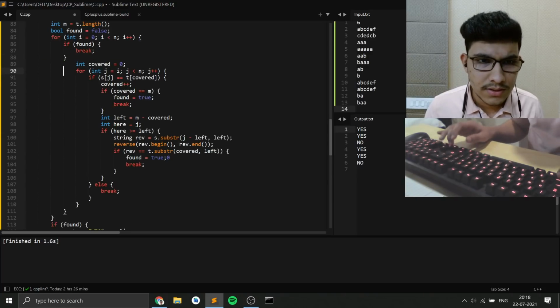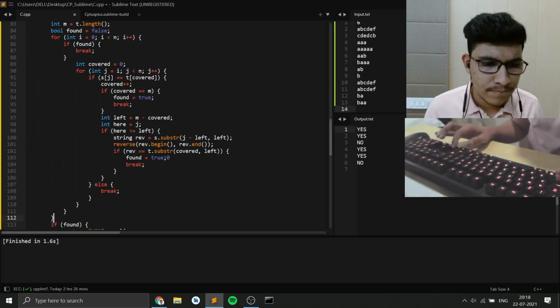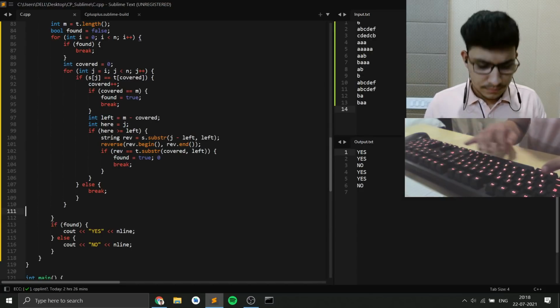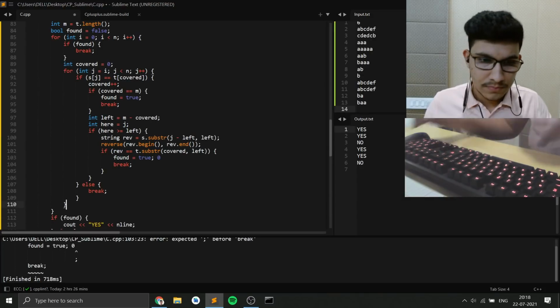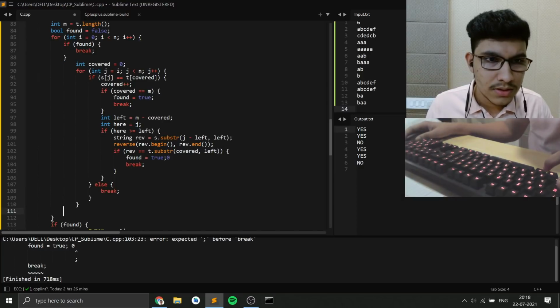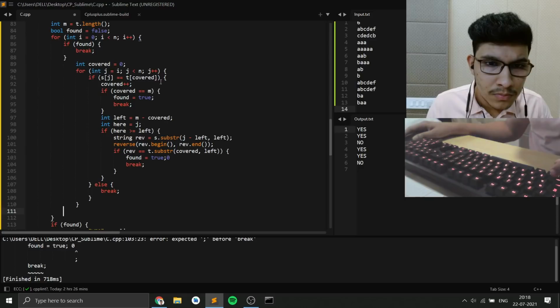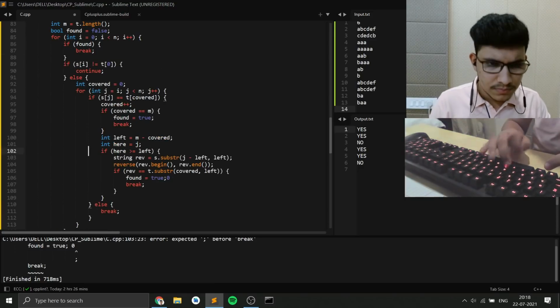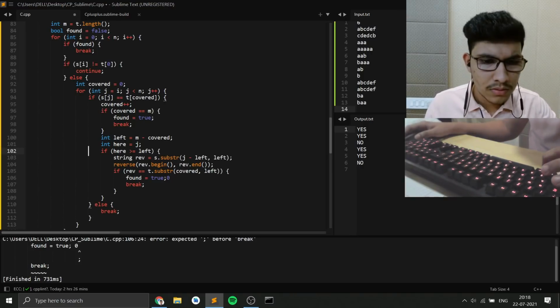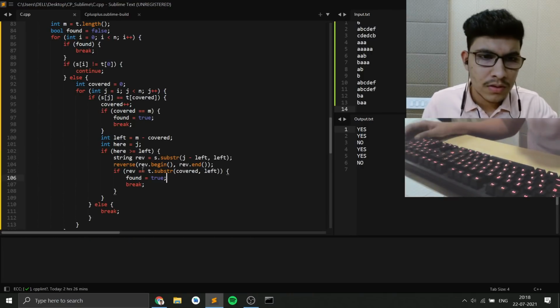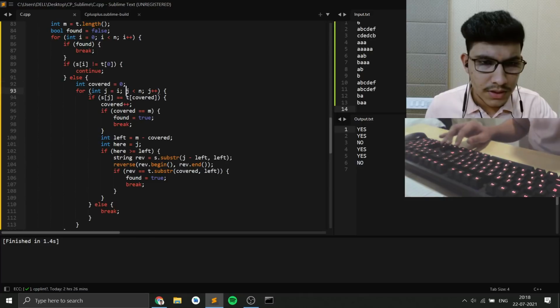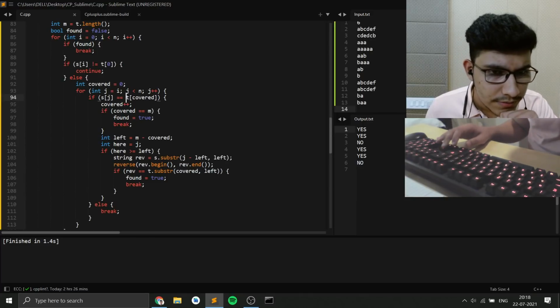This is like the very first line. So we don't need this here actually. Okay, there is some other issue now. Let's just keep it. So int covered equals 0. If s at j equals t at covered, then I do covered plus plus, right?